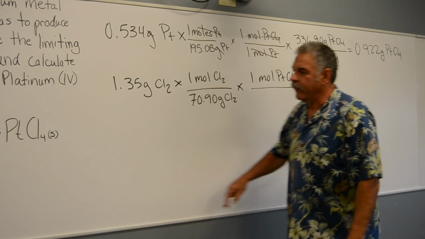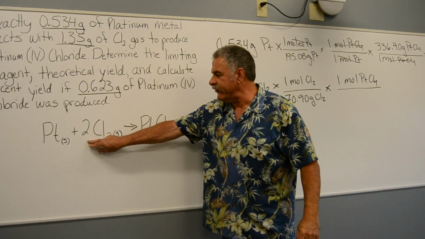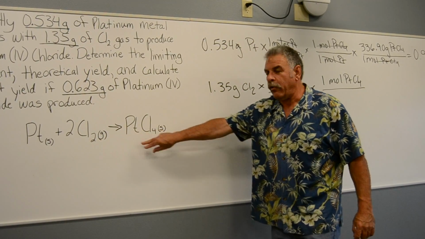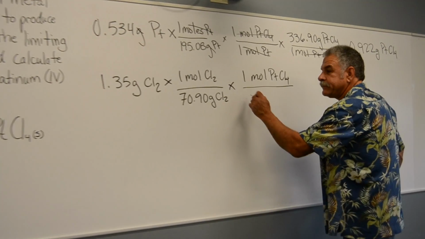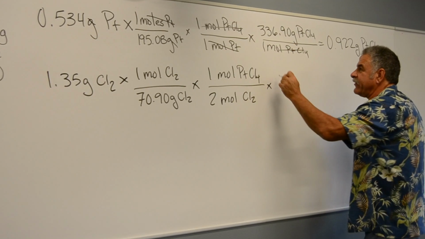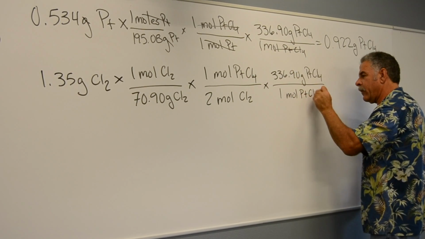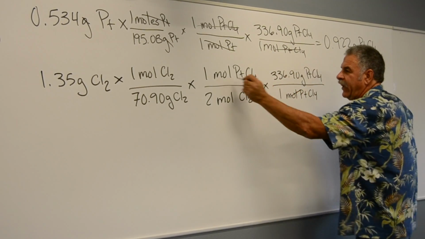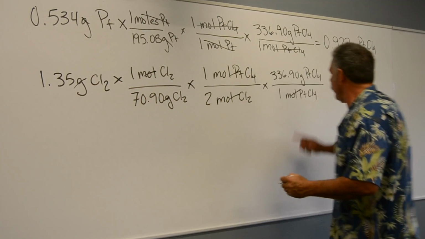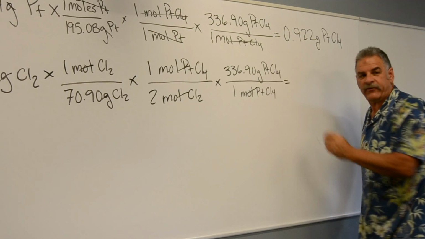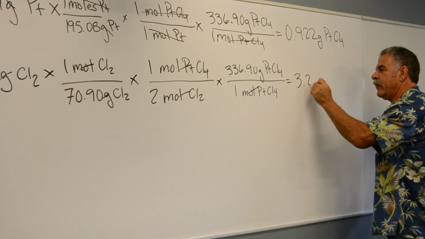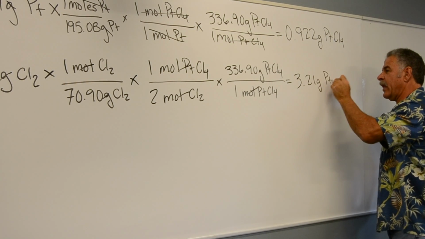And then we go back to our reaction, and right here we see it takes 2 moles of chlorine gas to make 1 mole of platinum 4 chloride. All right, and then we're going to convert that back to grams. Moles cancel, grams cancel, and we're left with grams of platinum 4 chloride, which comes out to be 3.21 grams.